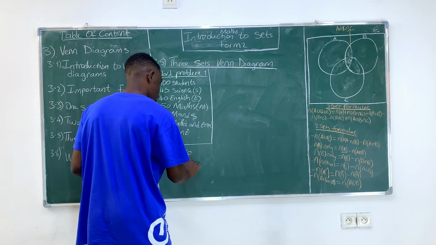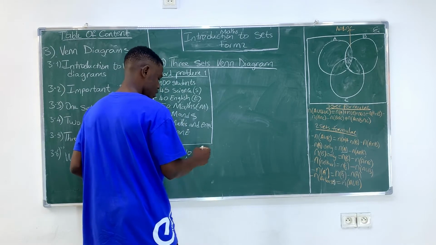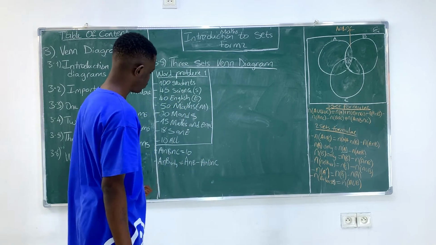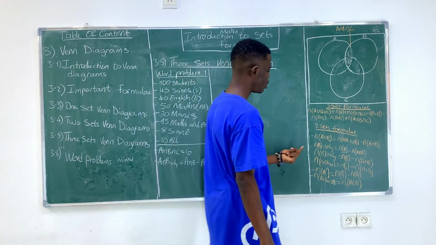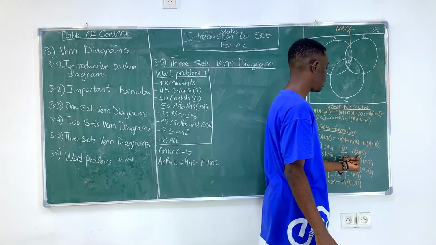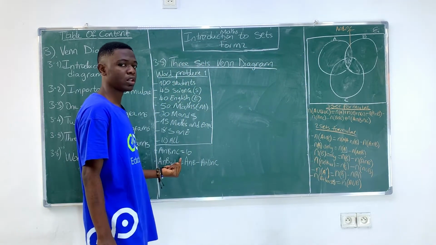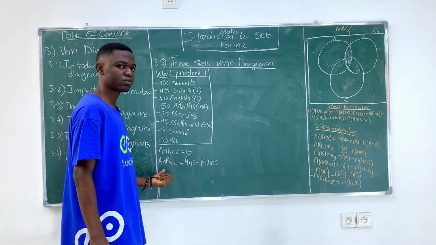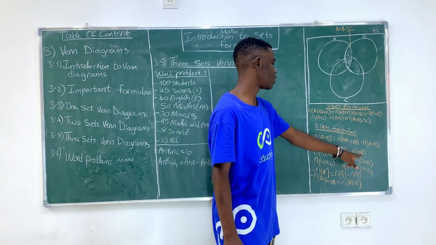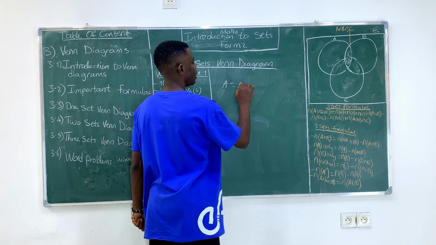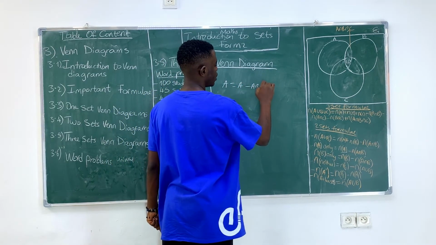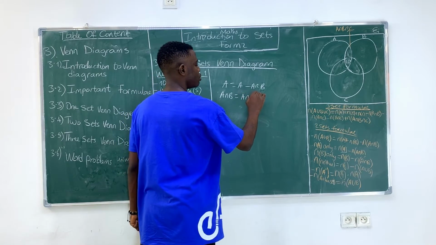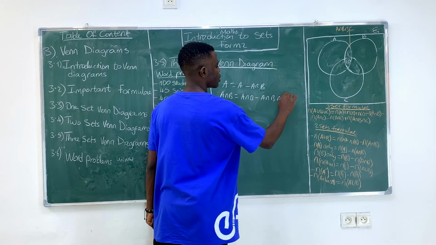It is equal to A intersection B minus A intersection B intersection C. This is the formula. Remember, if you want to find A only, it will be A minus A intersection B. Now if you want A intersection B only, it will be A intersection B minus A intersection B intersection C. You see, the C just developed an intersection.